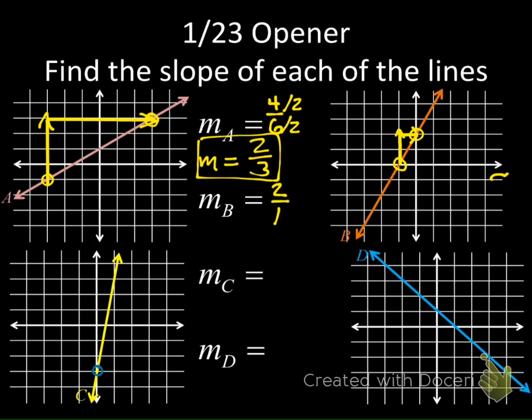We see another one right here. And it looks like those are the only two on that whole graph. Okay? So I'm going to go ahead and draw my line to show how many I'm going to rise. I'm going to go up.